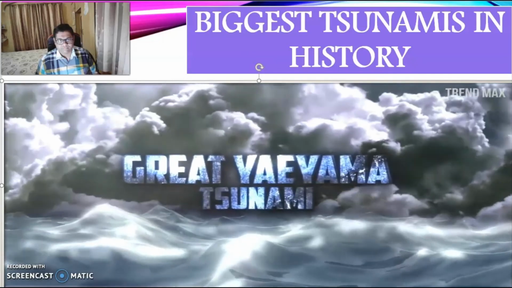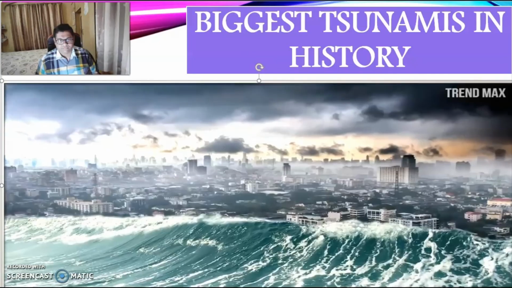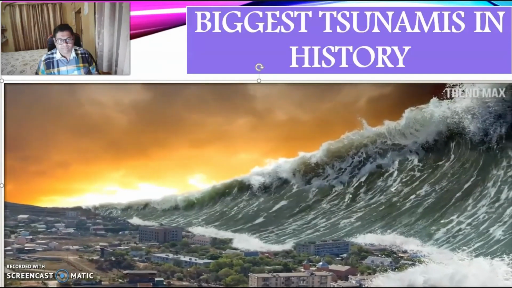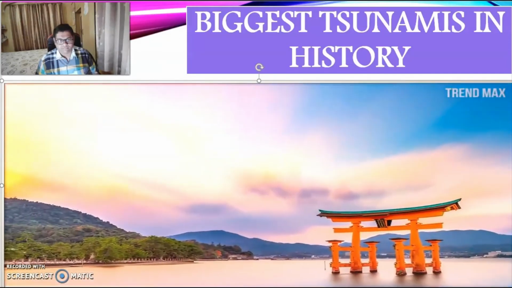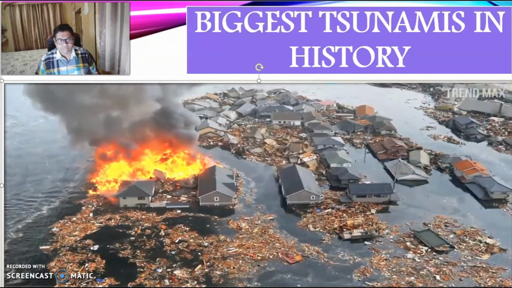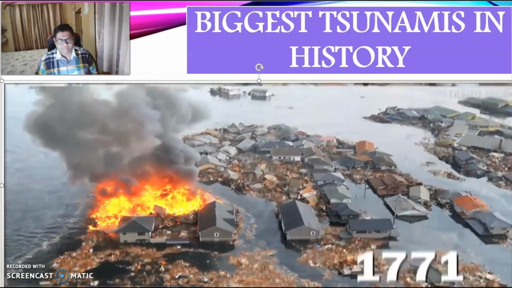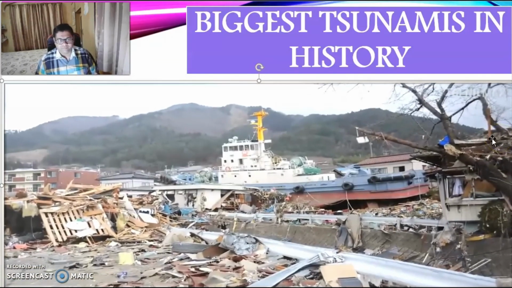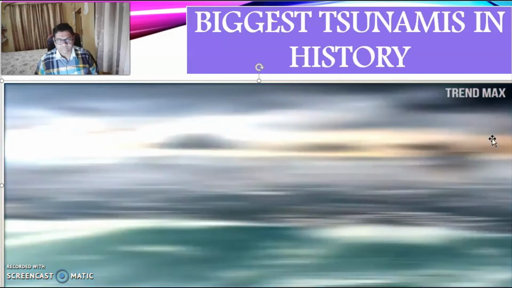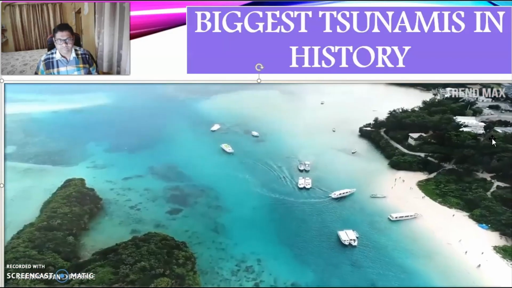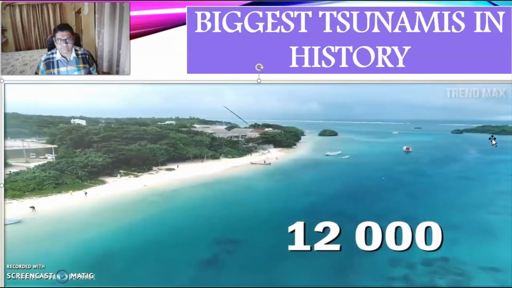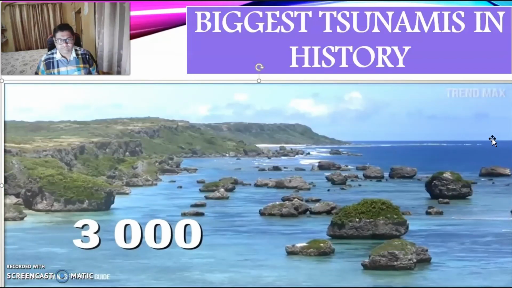Great Yaeyama Tsunami. Continuing on our list, we name one of the most affected zones by this kind of catastrophe. We are clearly referring to the land of the rising sun, Japan. This disaster happened on April 24, 1771, caused by an earthquake which began in a zone actually known as Okinawa at the south of the country. The magnitude of this tsunami affected the Ishigaki and Miyakojima Islands, where almost 12,000 people died and more than 3,000 were left homeless.